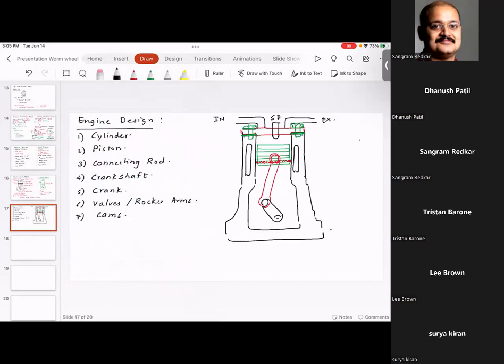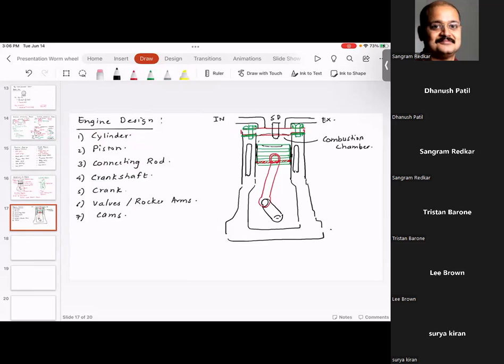Then this top part would have a particular shape, and there's a reason for that, because this top part forms the combustion chamber. So you would have something called the hemispherical combustion chamber. That is called hemi, or you can have a particular shape.